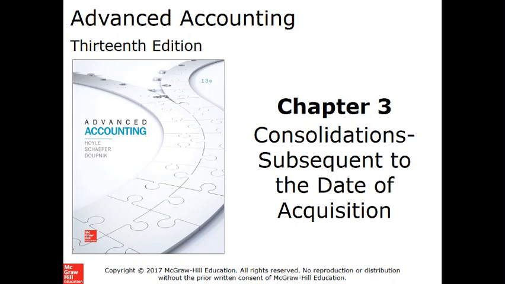And so when you're doing your consolidation on the same day that the acquisition occurs, you don't have any subsequent events to deal with, like what you'll see here in chapter 3. So it's a good illustration from that point of what the parent would have to do in that unlikely scenario, which is simply reverse in order to consolidate the parent and sub's financials on the worksheet.